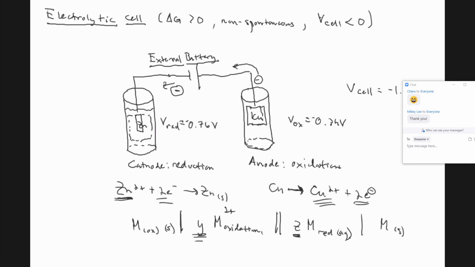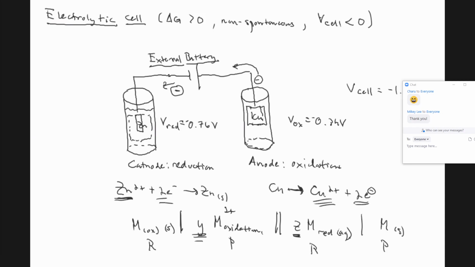So these still are reactants. These are your products, right? So that M can be replaced with any metal. M's for metal. So it could be any metal that they give you, and it's always in this type of notation.